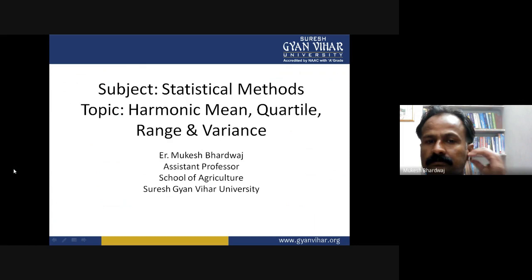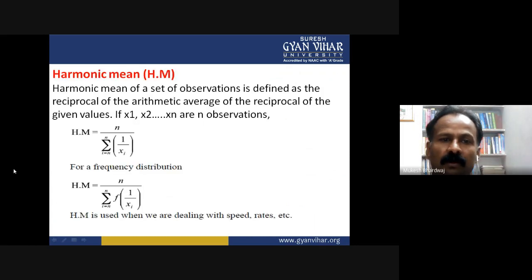Now, harmonic mean. The harmonic mean of a set of observations is defined as the reciprocal of the arithmetic average of the reciprocals of the given values. So, whatever observations are given to you, you take the reciprocal of all the observations and do the arithmetic mean of all the reciprocated values.